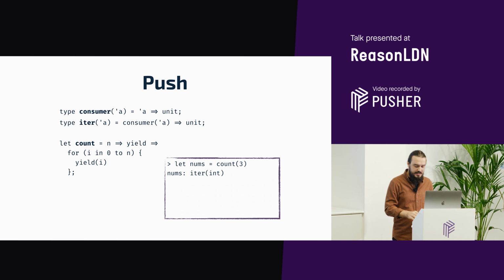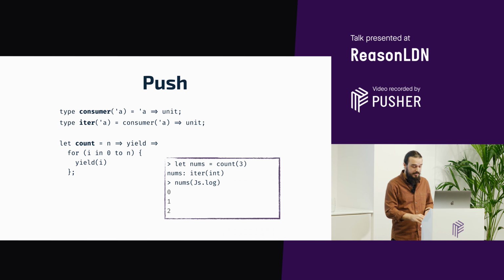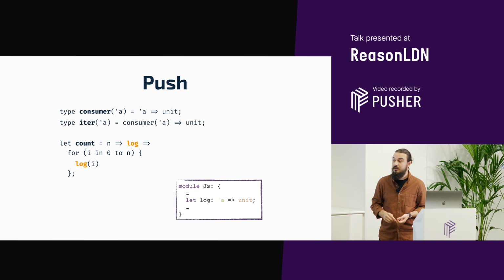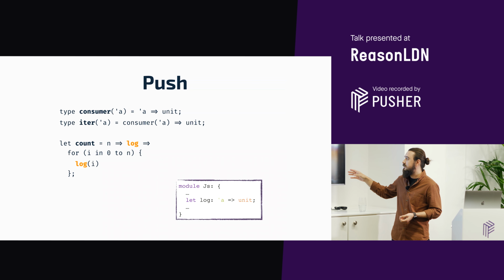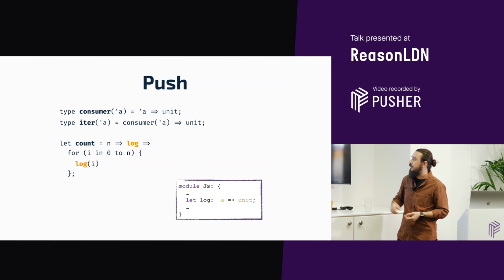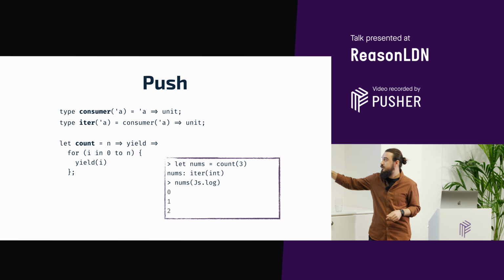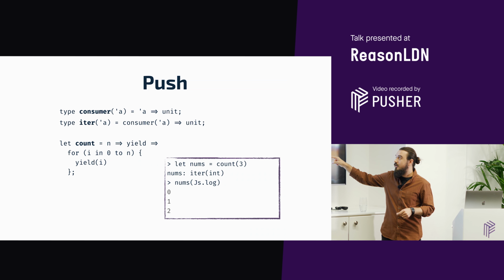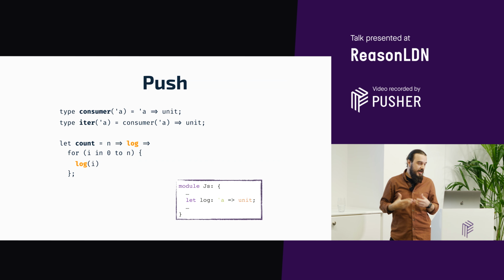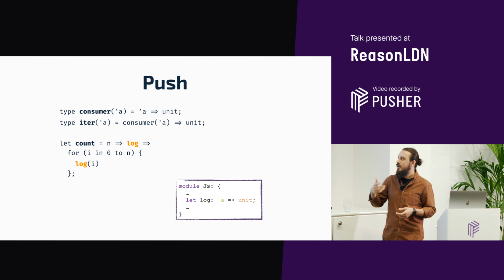Well, the easiest one is actually just Js.log. If you look at the type of Js.log in BuckleScript documentation, it literally is our consumer. It's the same thing. And as we call nums with Js.log, that Js.log is our yield. So we are essentially just iterating with a for loop and logging things.